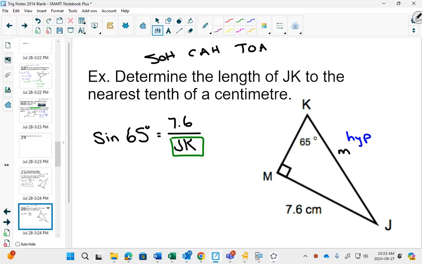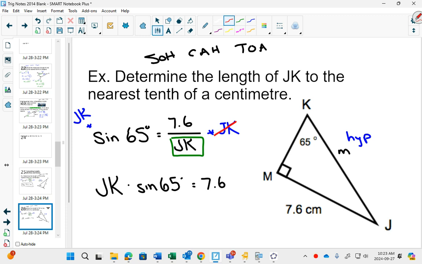So the very first thing we are going to do here is multiply both sides by JK. That will give me JK times sine of 65 equals 7.6. Because if I multiply by that, those would simplify and equal 1.